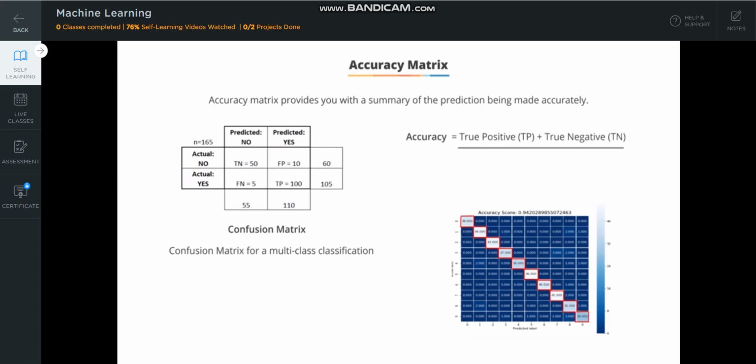This is the key to the confusion matrix. The confusion matrix demonstrates how your classification model is confused when it makes predictions. It gives you insight not only into your classifier's errors, but more importantly, the kinds of errors being made.